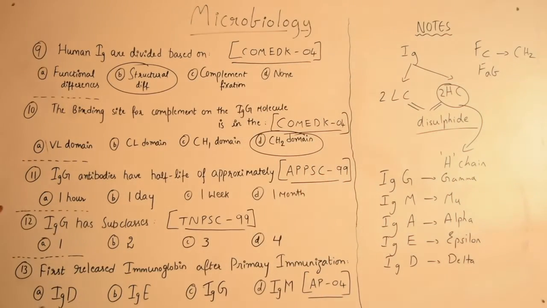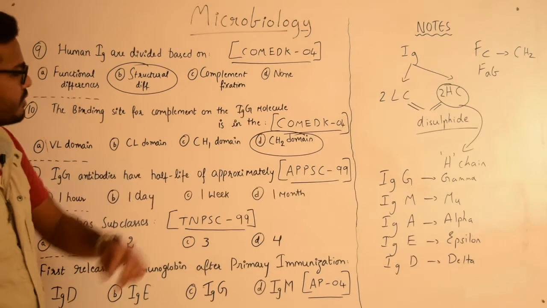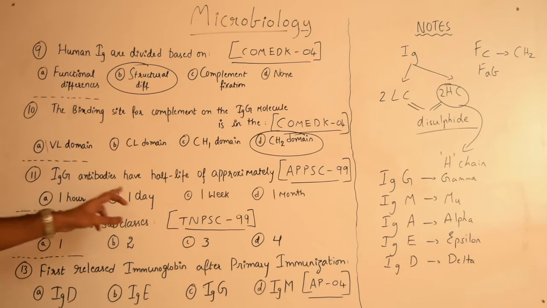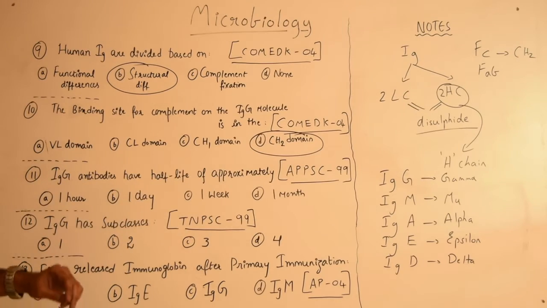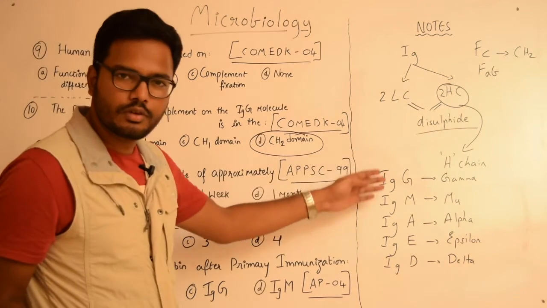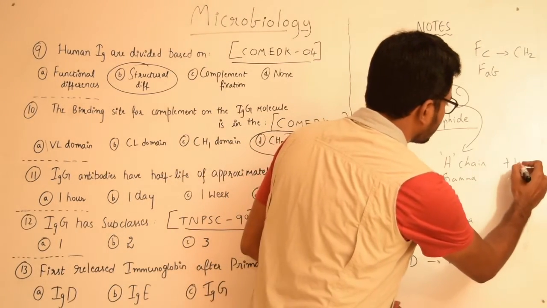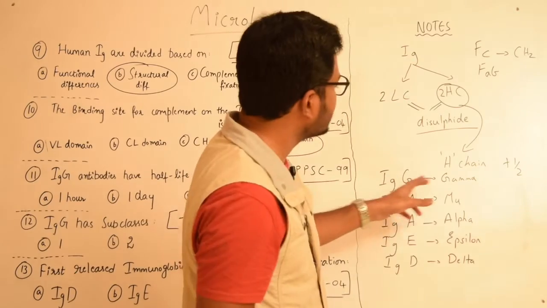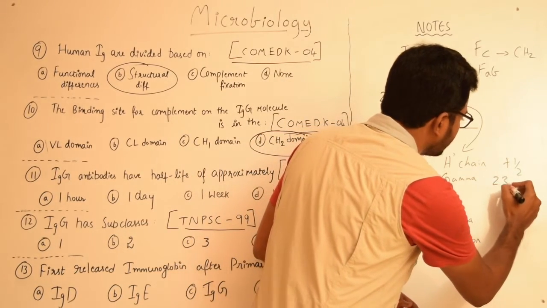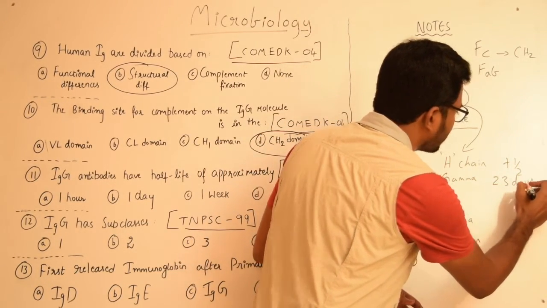Now moving on to the next question: IgG antibodies have a half-life of approximately 1 hour, 1 day, 1 week, 1 month. Let's briefly see the half-lives of various classes of antibodies. T half for IgG is approximately 23 days, or 1 month.